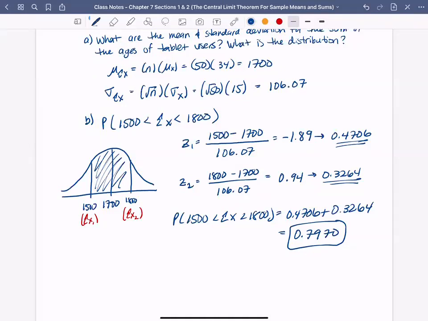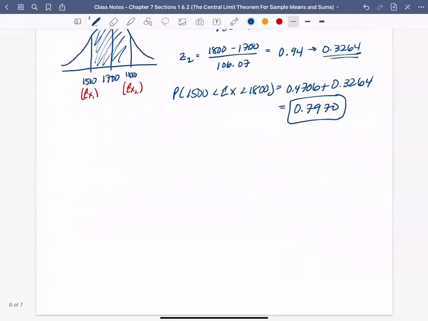All right, one last part of this one before we call it quits. How about find the 80th percentile for the sum of the 50 ages?